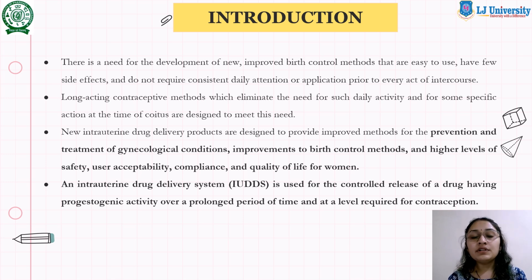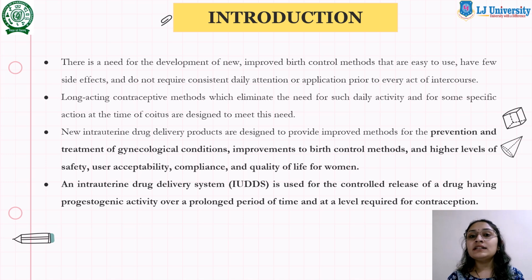The uterus is a highly muscular organ of the female reproductive system, and it is divided into three different parts: the fundus, the uterine cavity, which encompasses the body of the uterus, and the cervix.